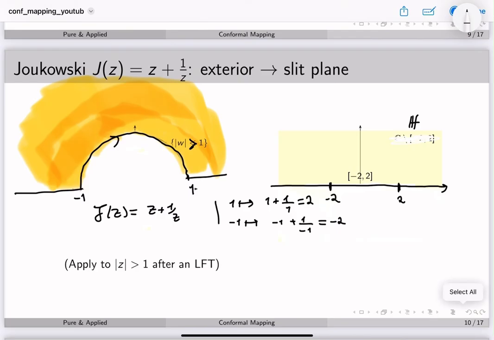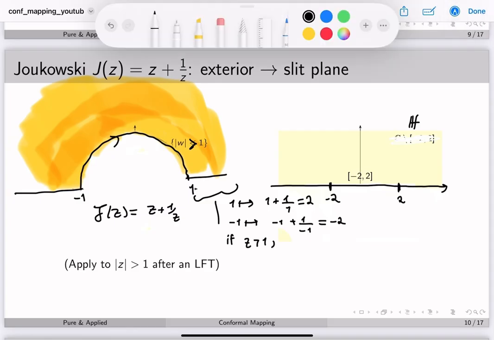And now let's see where the positive numbers bigger than 1 go. Well, if you think a little bit about it, if Z is real and bigger than 1, then we will see that this thing is going to go to the right of 2.